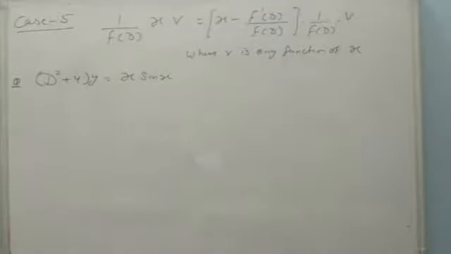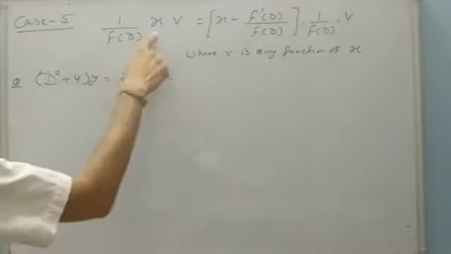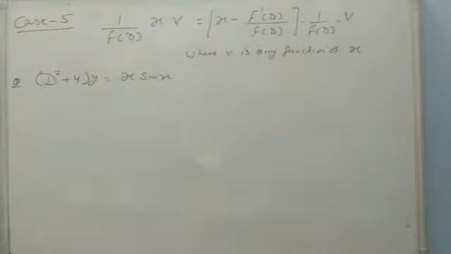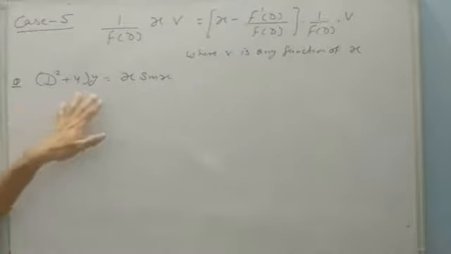Now there is the last and the final case 5 of the function, where one function is of x and the other function is anything else, a sine function or exponential function. Particularly there is always a trigonometric function, sine or cos. Just as I take an example, d square plus 4 of y is equal to x sine x.